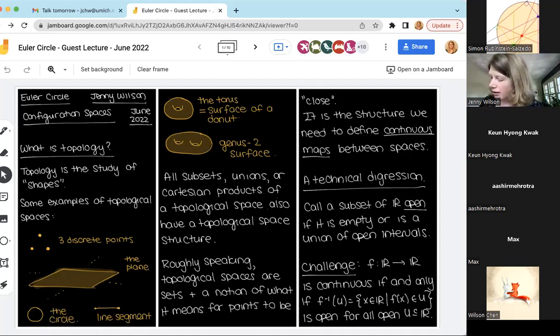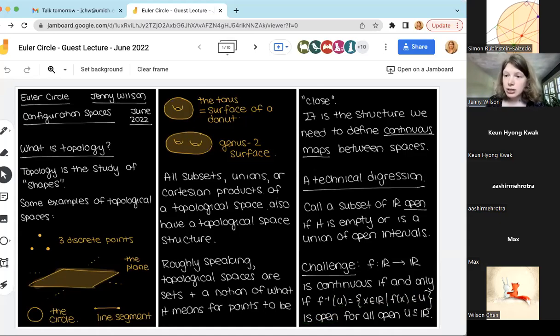I claim that a function from the real line to the real line is continuous if and only if the pre-image of every set U, where the pre-image of the set U is defined to be all points that are mapped by F into U, is open whenever U is open. That is equivalent to the definition of continuity.